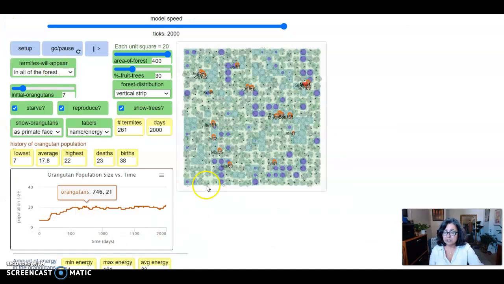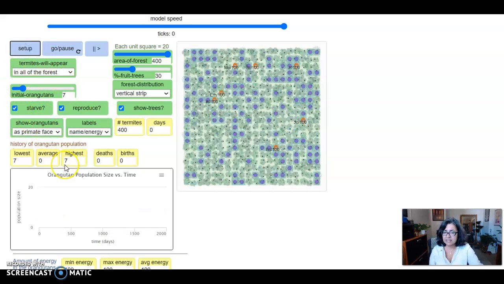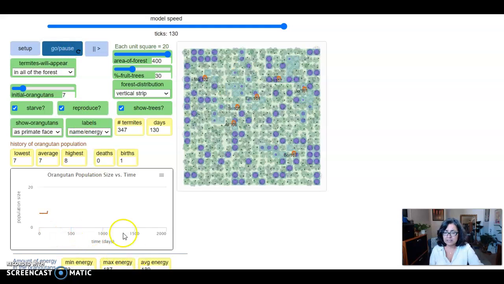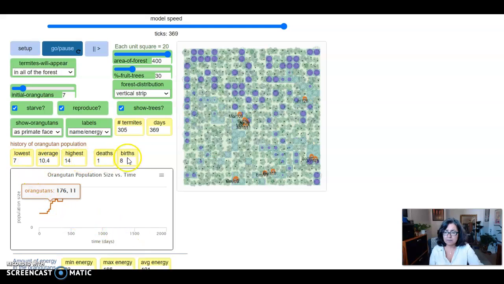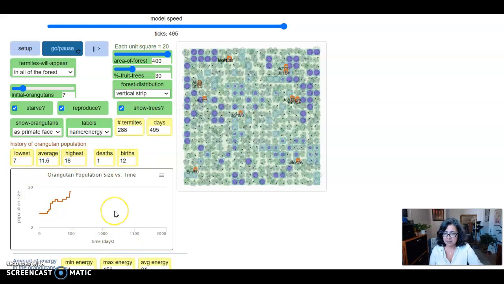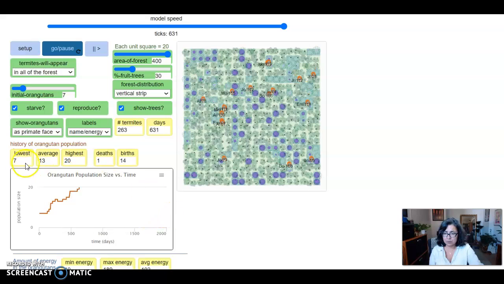So you're going to go back to your investigation here, and you're going to say set up again, reset everything, and make sure the numbers are the same as the first trial, and then you're going to run it again. And then you're going to wait until it gets to the 2,000, and then you are going to write the numbers down one more time at the end of the simulation.